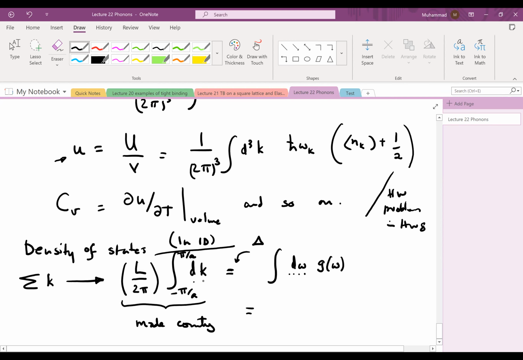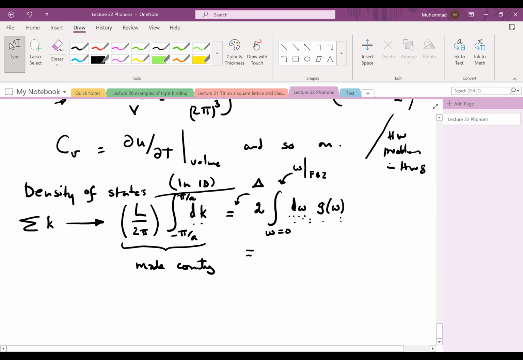So I can replace this dk with d omega g of omega, and have omega go from 0 to some omega at the boundary of the first Brillouin zone. But since I'm taking omegas and energies to be positive, I multiply this by 2, because a positive and a negative k will give me the same value of omega because of the even symmetry of the dispersion relationship.